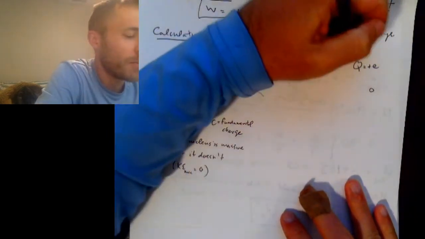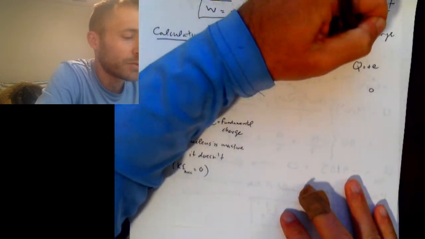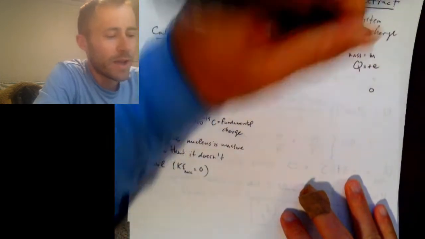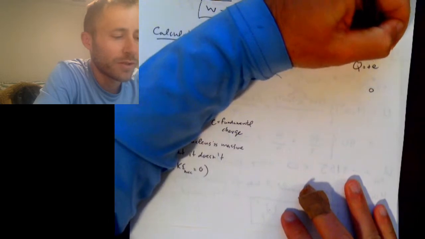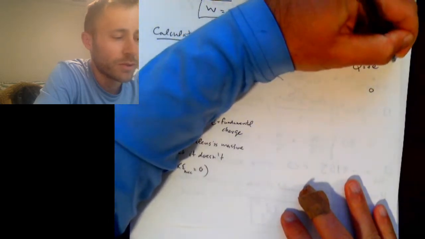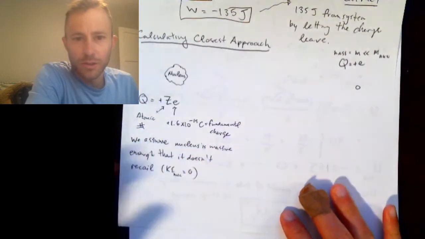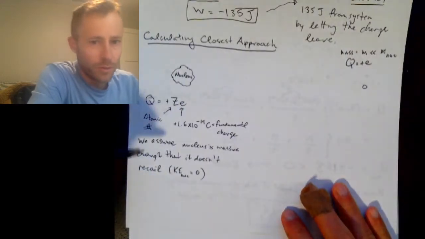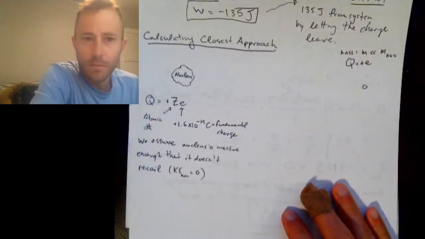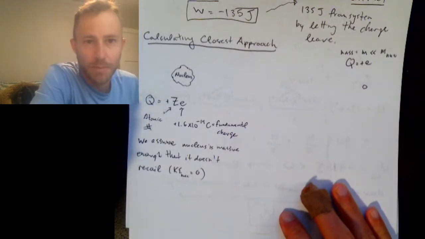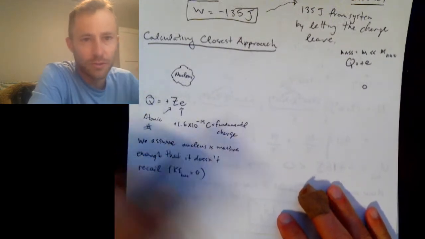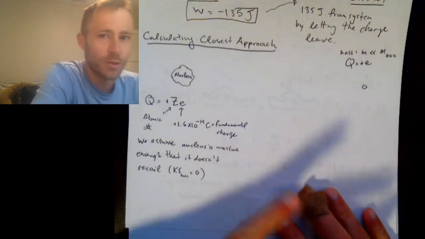And it has a mass, which we will call m, where m is much less than the mass of the nucleus. That ensures the nucleus doesn't recoil very much. We're assuming the mass difference is so great that the nucleus hardly recoils at all.